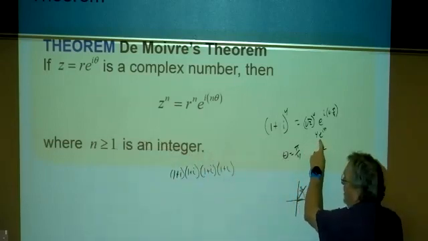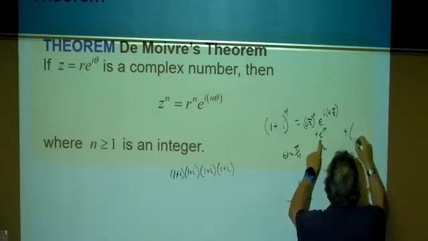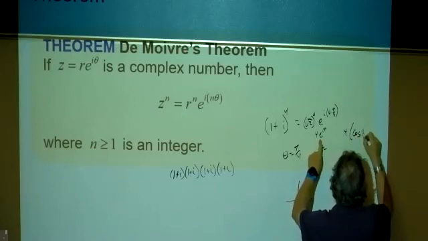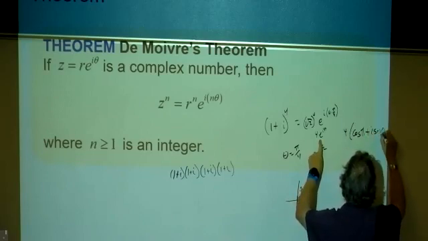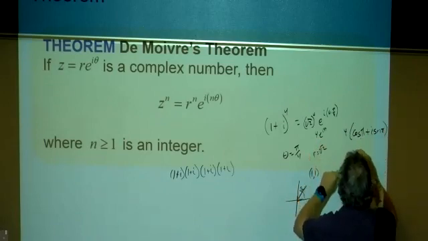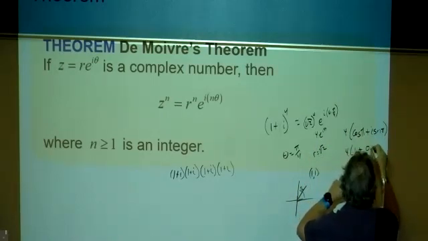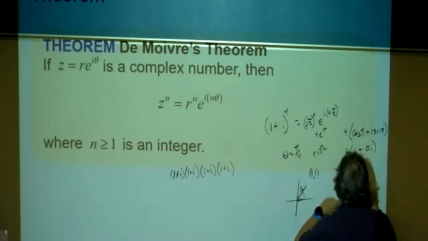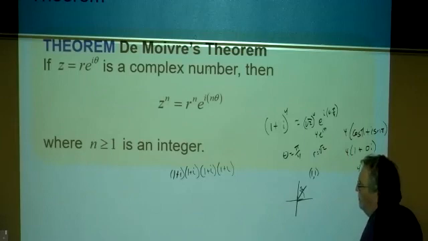And this winds up being the point 4 times the cosine of pi plus i sine of pi. Cosine of pi is -1, so this is 4 times -1 plus 0i, so this is just 4. This is a real number. Is it?